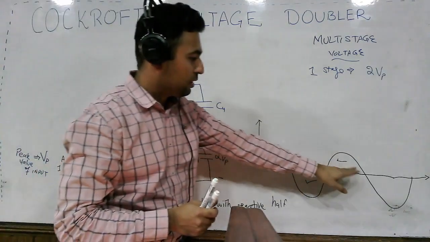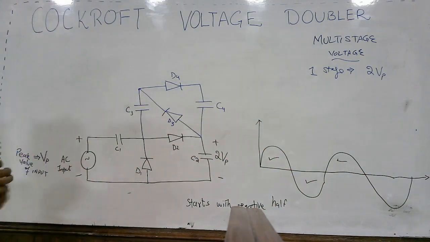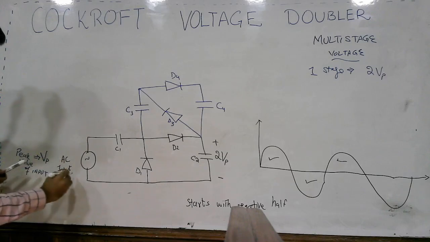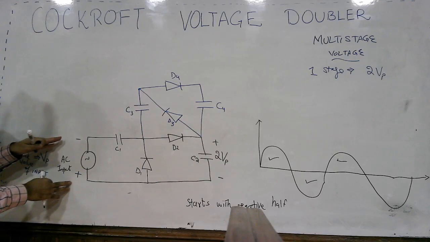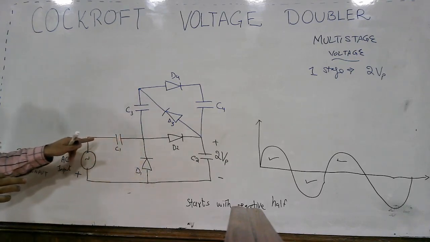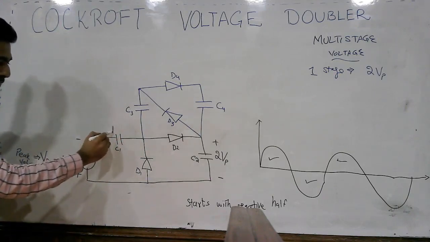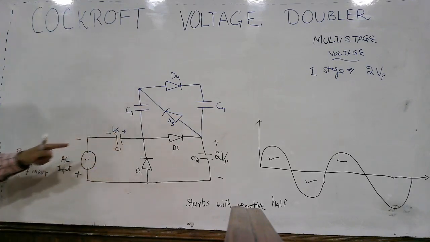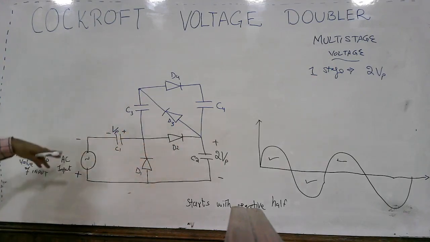Now when again the negative half is coming, the polarity here will be positive and here will be negative. So when the negative half comes, what happens? This diode D1 is forward biased. So what will be the potential across C1? It will be Vp. And one more thing will happen. This diode D2 will be reverse biased during the negative half.